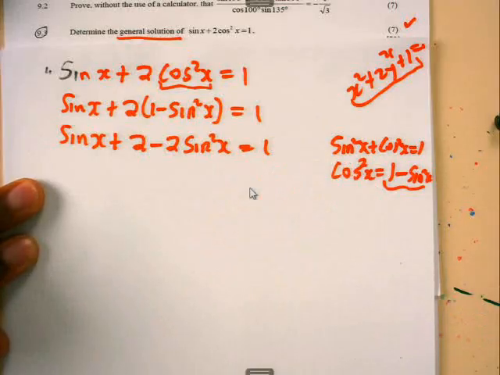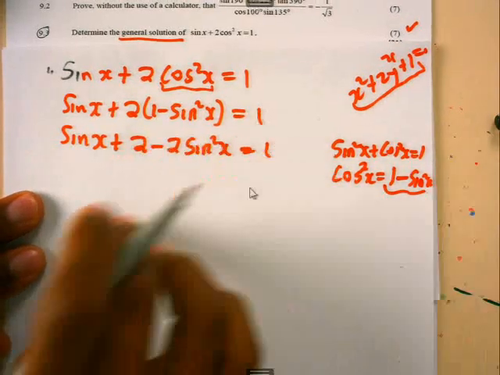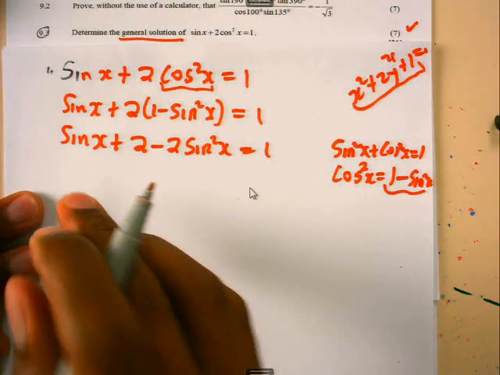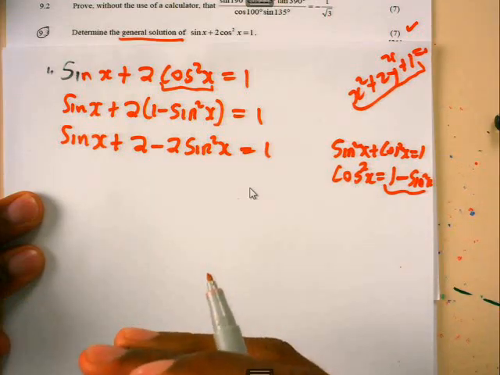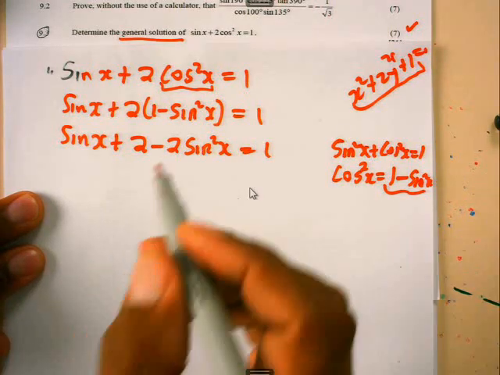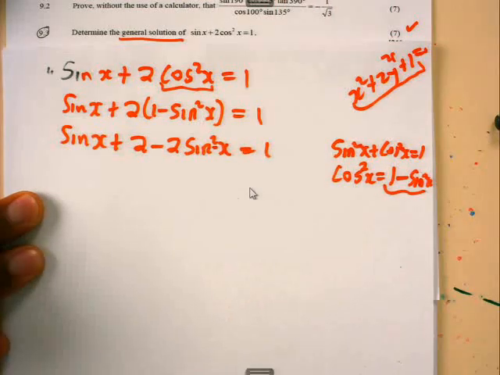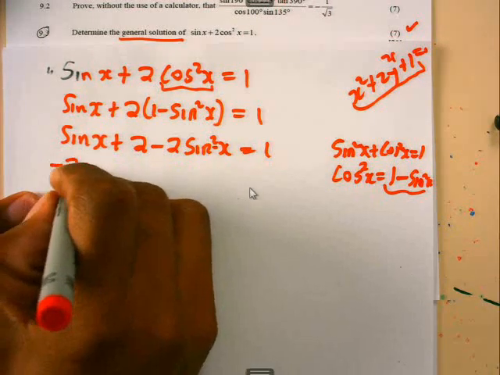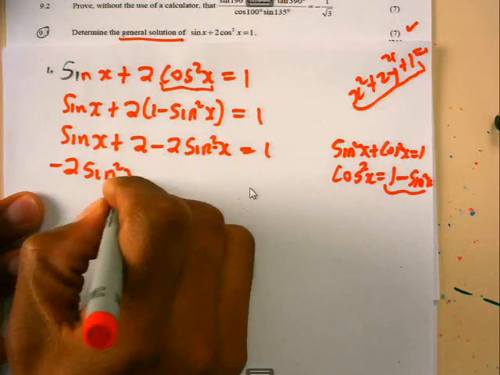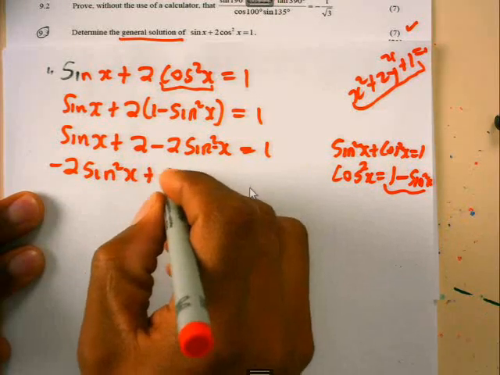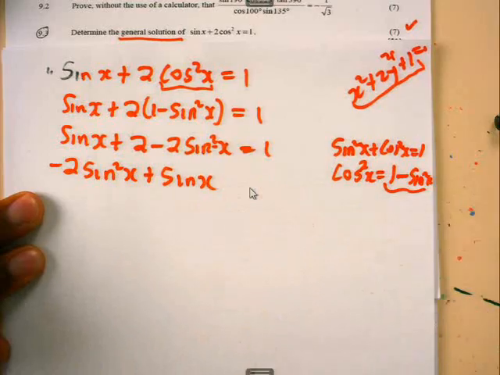Right now, boys and girls, we can rearrange this one because we can see where it leads us to the quadratic equation. Why am I saying this? Because I'm looking at that exponent 2 there. Then it means we have minus 2 sine squared x plus sine x on this side.